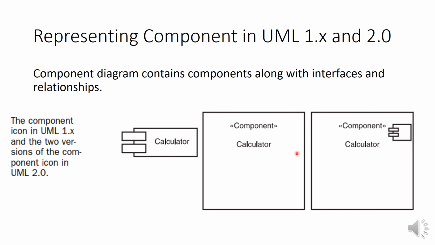Then in UML2, the icon is a rectangle with the keyword component near the top. You can include the 1.x icon inside the 2 icon as well to represent component. So these are the notations to represent component in UML2.